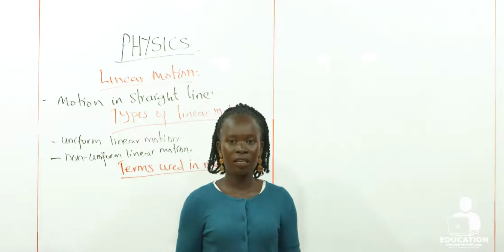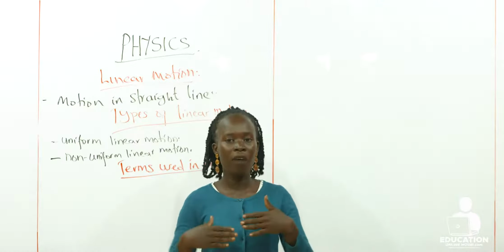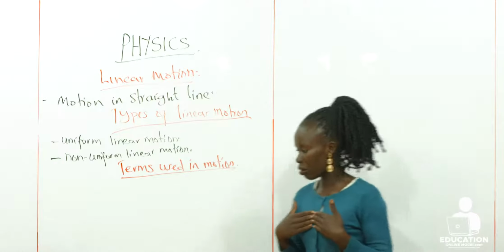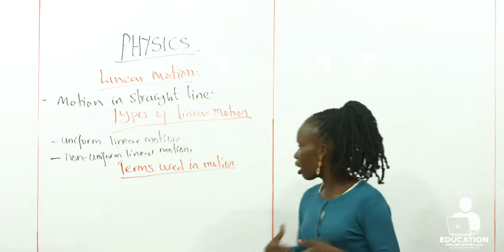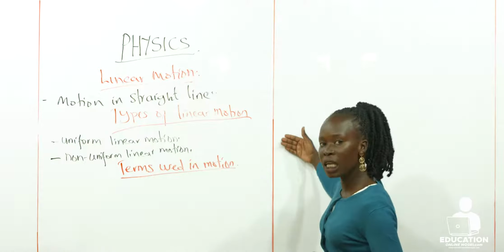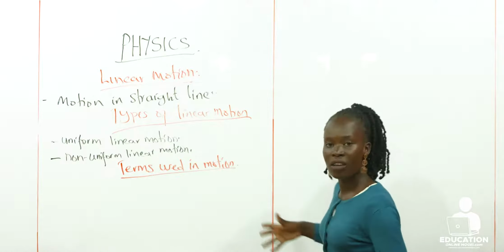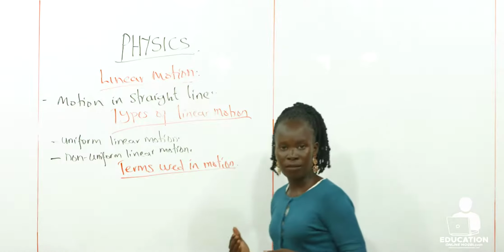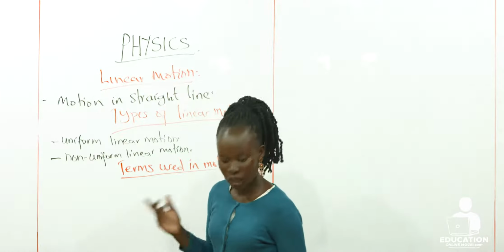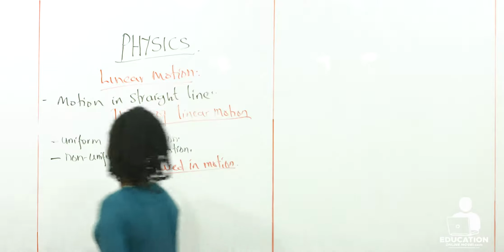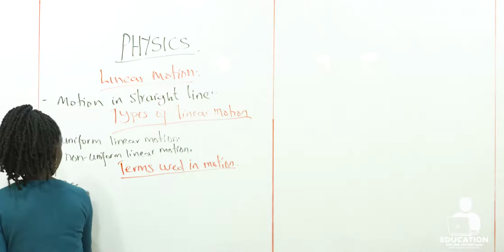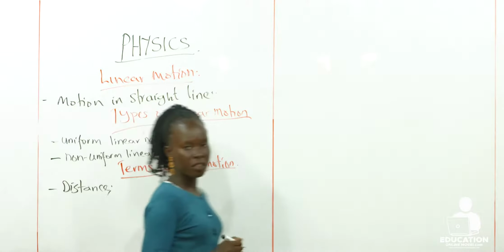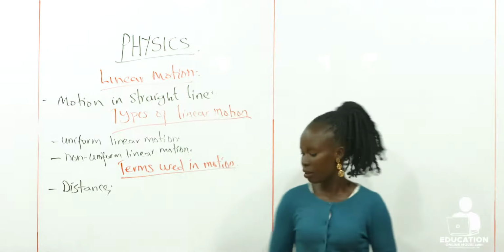If you have a space between one point and another, maybe there is me standing here in front of this whiteboard, the space between us has got a name. We can call it a distance. So that is a term used in motion. How would you define distance?